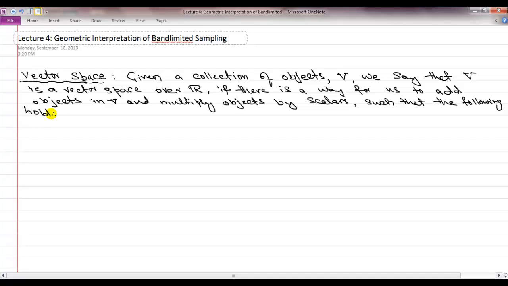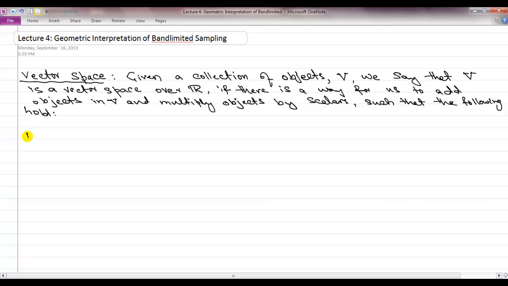So the first thing for vector space is that whatever is the collection of objects you are given, you must have a way of adding them. You must define addition over those objects. You must have a way of multiplying those objects by scalars, but that's not enough. You must have certain additional properties that must be satisfied to turn that collection into a vector space. And if those properties are satisfied, then every object within the vector space, we use the term vector for that. Okay?